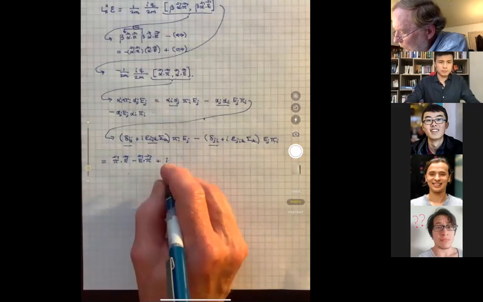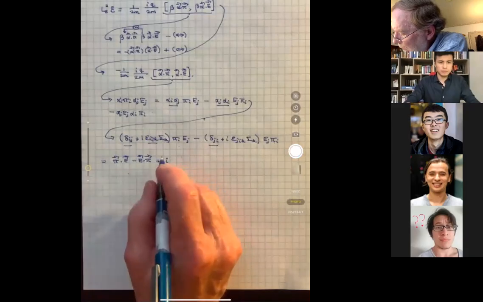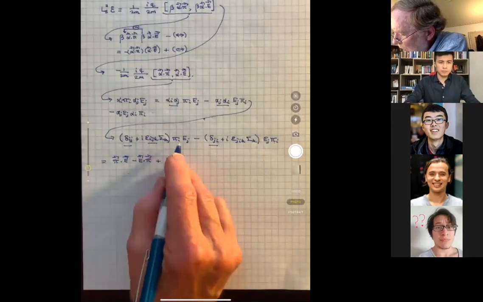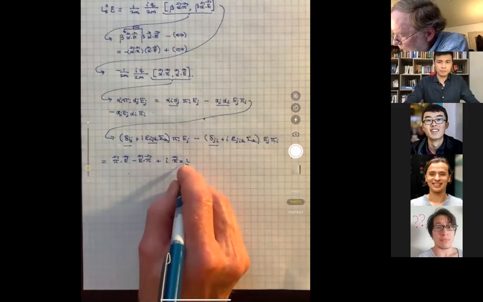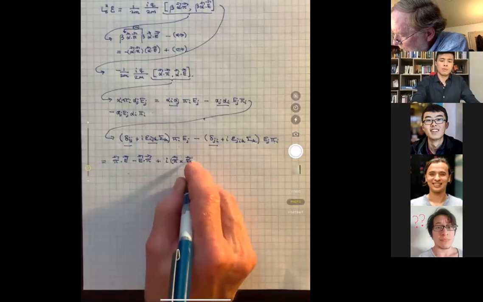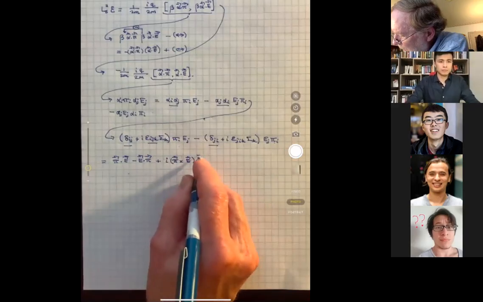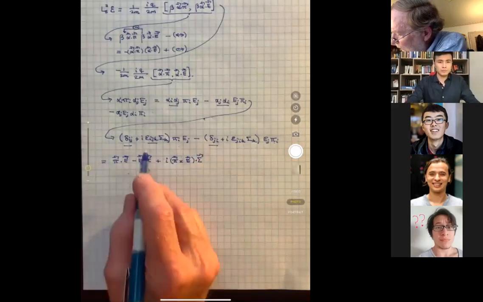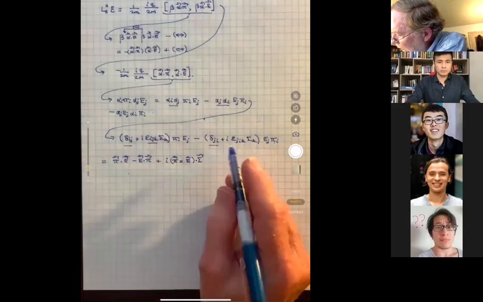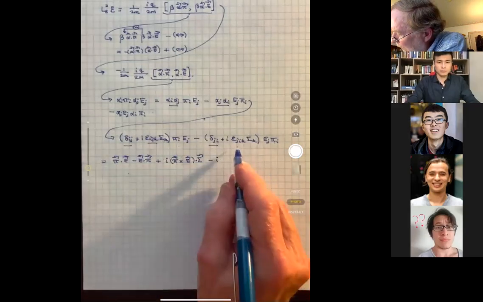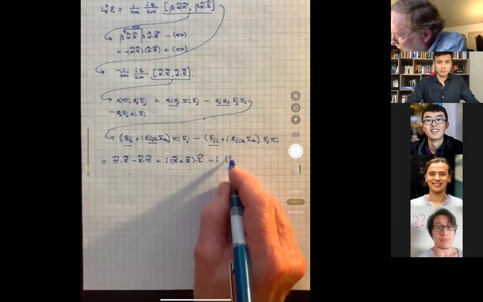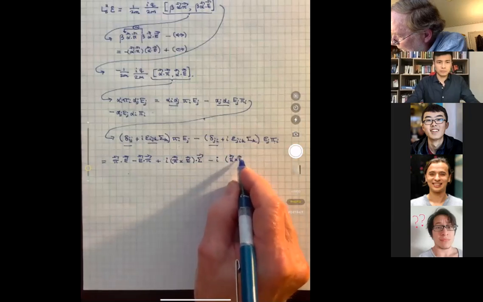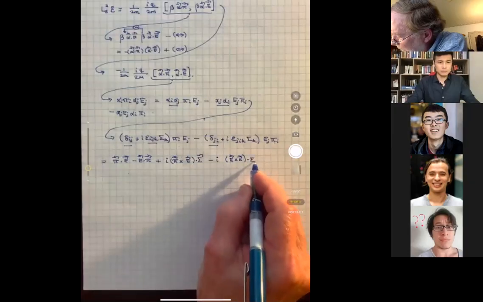So I can write it this way: it is i times, the i goes with π, the j goes with E. So it's π crossed with the electric field E dotted into the spin sigma, like so. All right, I hope I did that right. And then for the second term here, we have minus i. And if you look at this, you'll find this is minus i times E crossed with π dotted into sigma.